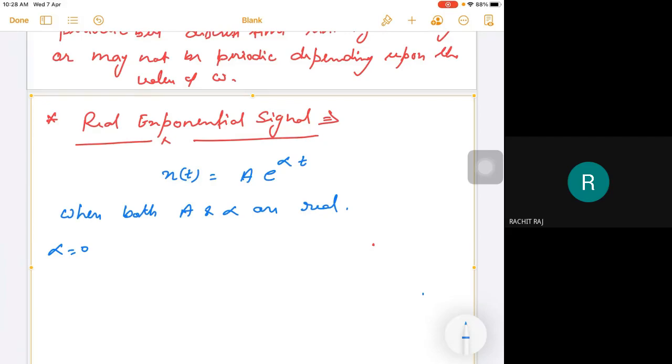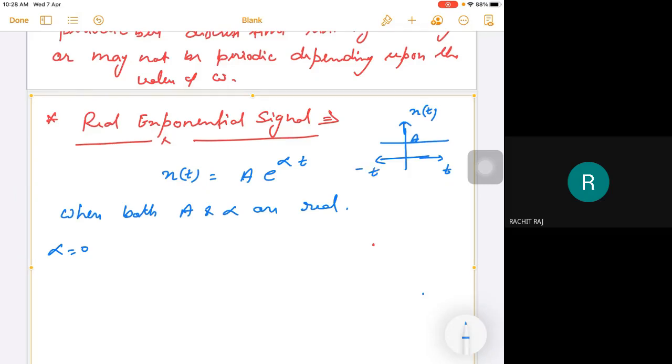Because alpha equal to 0, e to the power 0 is equal to 1, so x(t) equal to A, obviously some amplitude, and you will get it in this form.